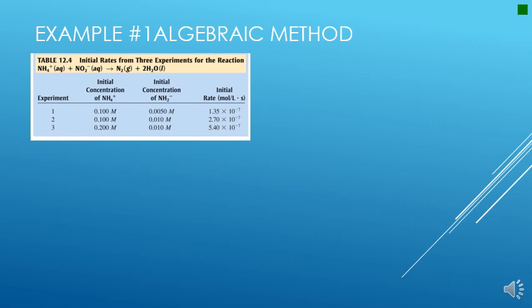So as we begin to look at this algebraic method, we need to solve a problem for each one. The overall goal is to solve for the rate expression. So again, I'm going to have it in the form of the rate equaling K times the NH4 plus raised to some power m and the NO2 minus raised to some power n.